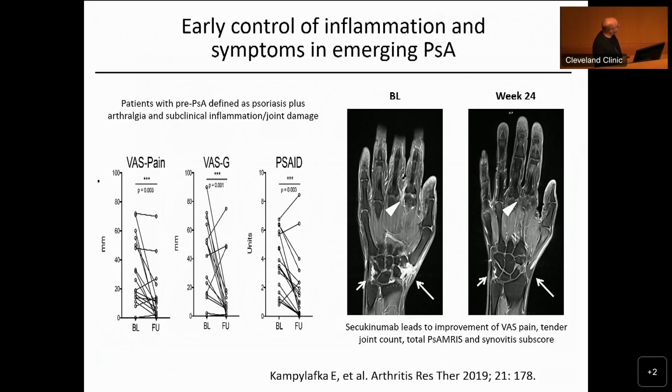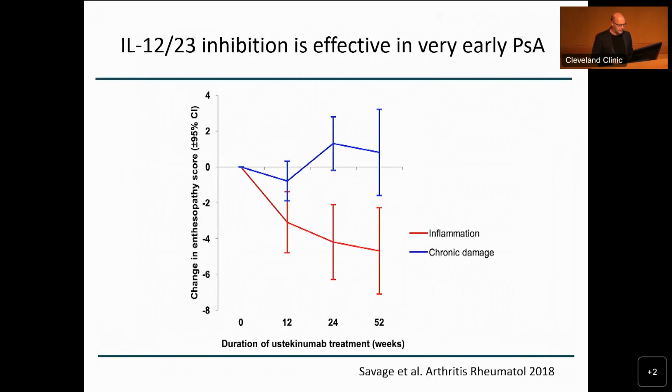So each line is a patient, and the patient global, the patient pain, and the PsA, which is an impact of disease score. So you can see that this initial pain and this discrete inflammation is really dependent on the disease. It's not just a serendipitous finding, which is not related to disease. It's really disease-driven, and you can inhibit it with a powerful anti-inflammatory drug.